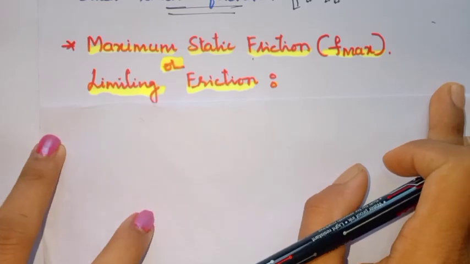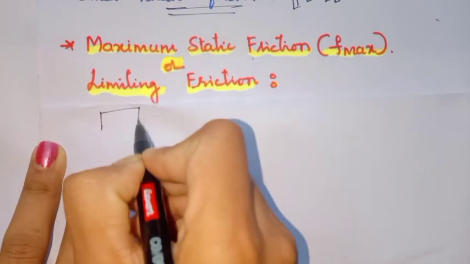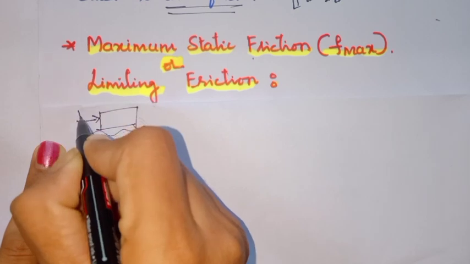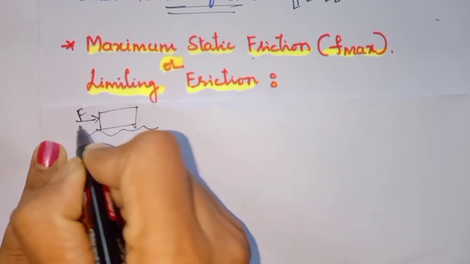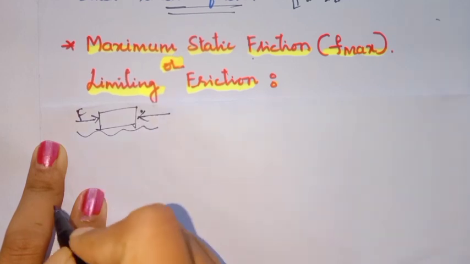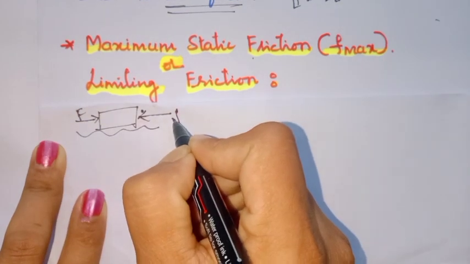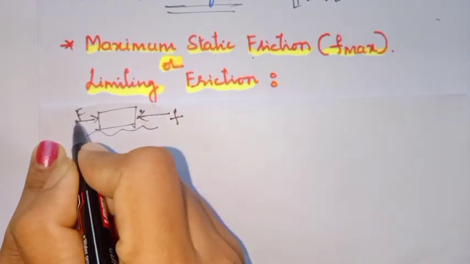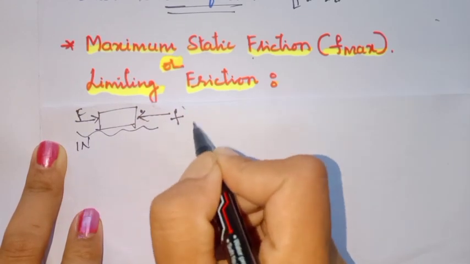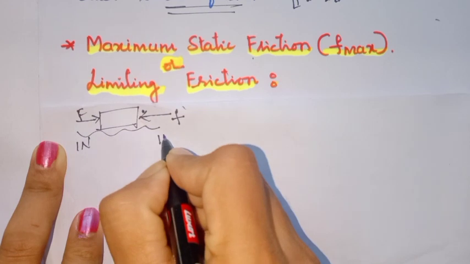So let's consider an object on a certain surface. You apply a certain force. When you apply a certain force, another force is developed in the opposite direction. That is what we call friction. So if you apply 1 Newton of force, this friction will develop 1 Newton force oppositely.